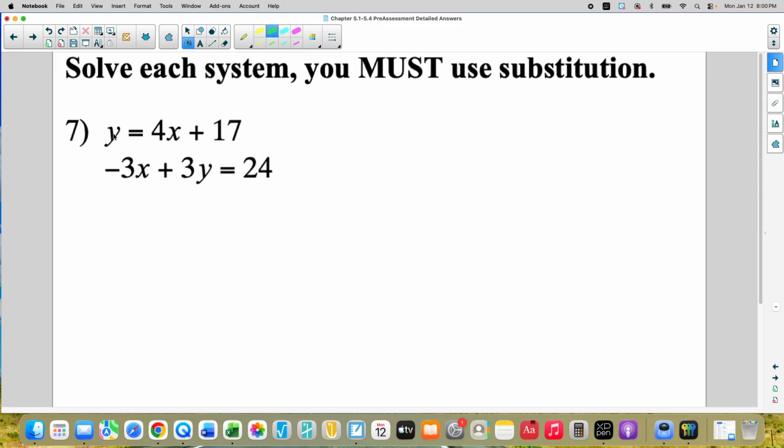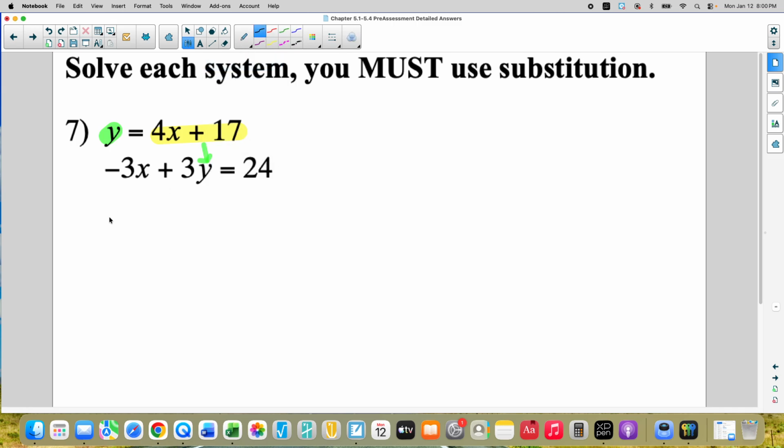So when we use substitution, we're looking for a variable or a term that is isolated. So we have y that is equaling a value of x. So I'm going to take that and plug it in for the y. Instead of writing y, we're going to write 4x plus 17.